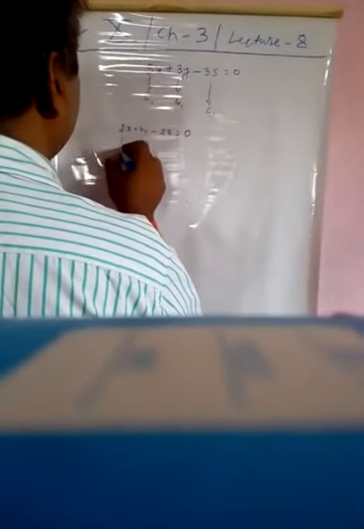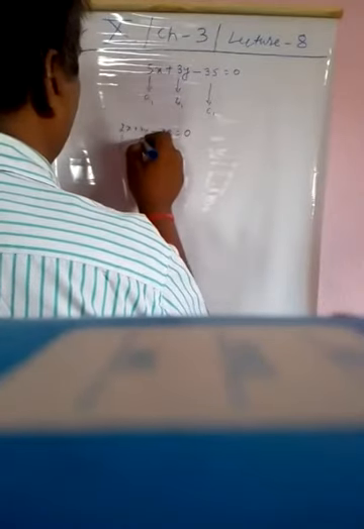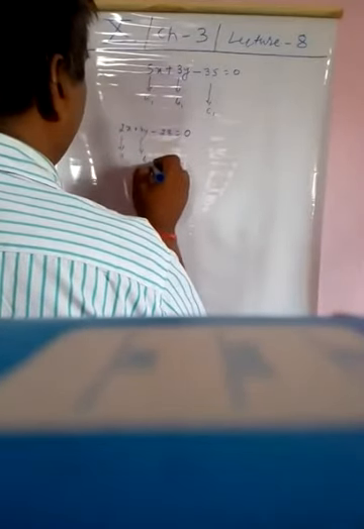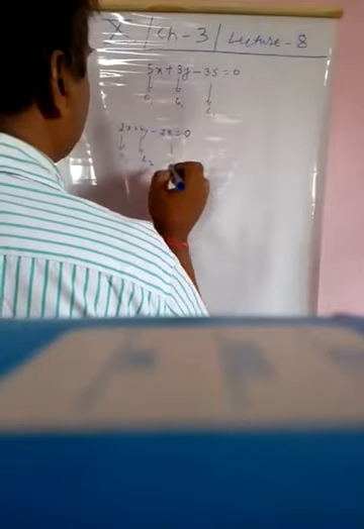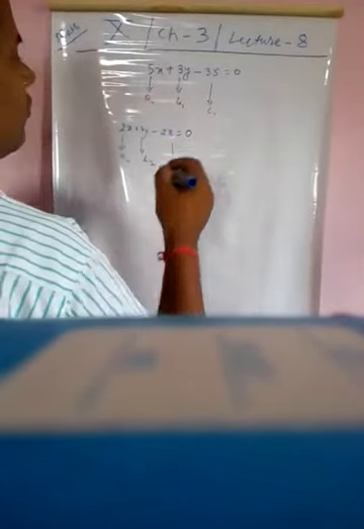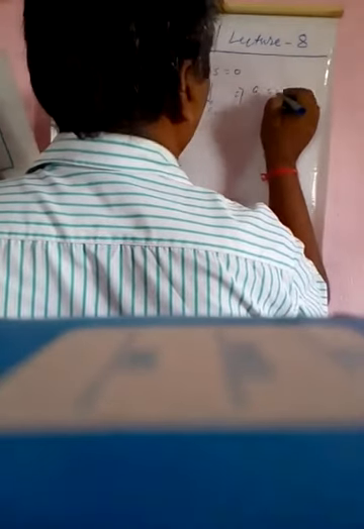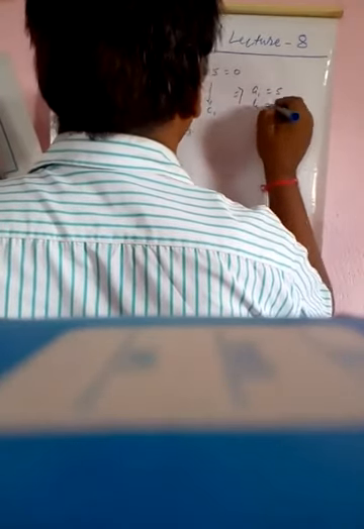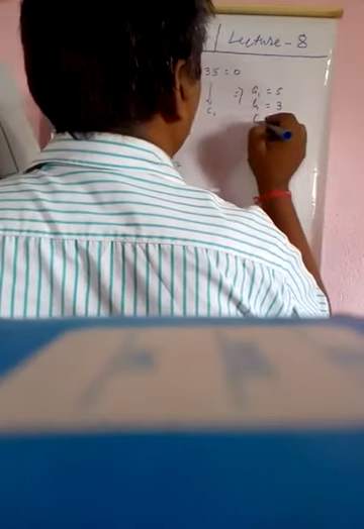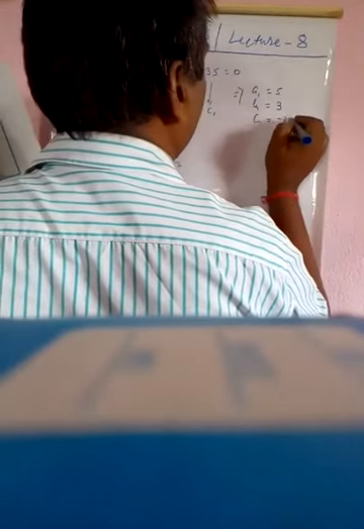So here 2 is a2, b2 is equal to 4 and c2 is equal to minus 28. So you can write here a1 is equal to 5, b1 is equal to 3 and c1 is equal to minus 35.